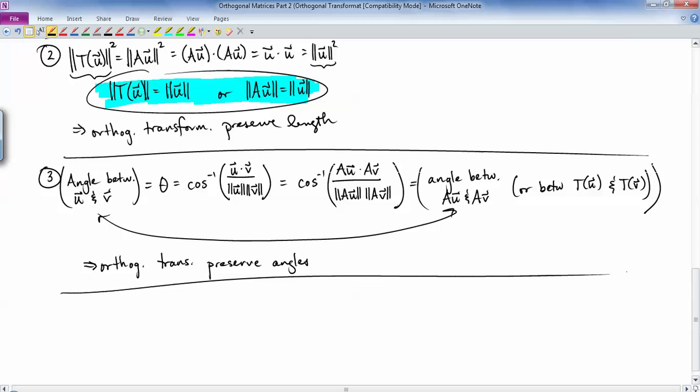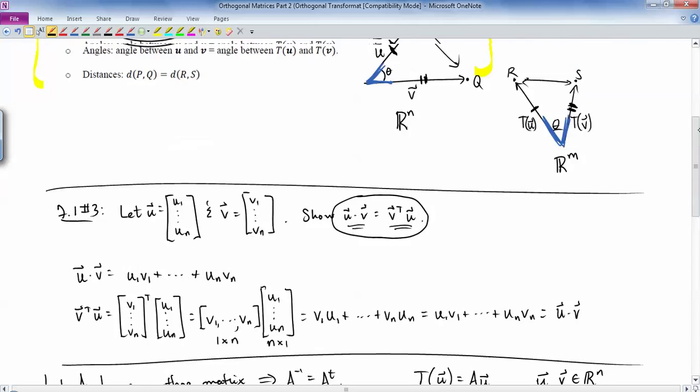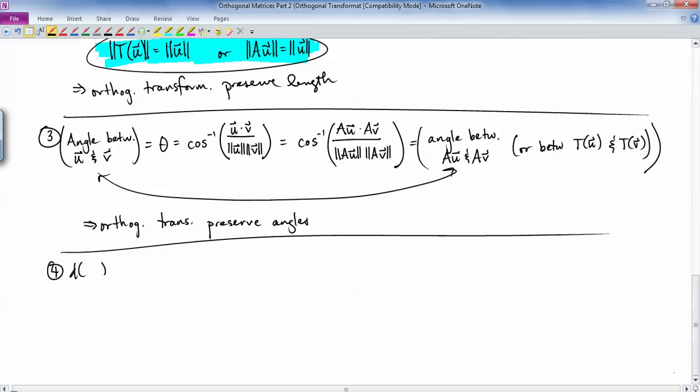So that is the distance between two vectors, or distance between 2 points. So the distance between P and Q, and the distance between R and S. Let me draw a sample here. So here's U, here's V, and then let's say TU and TV.